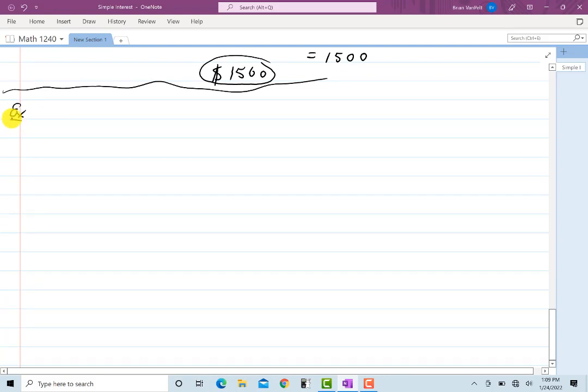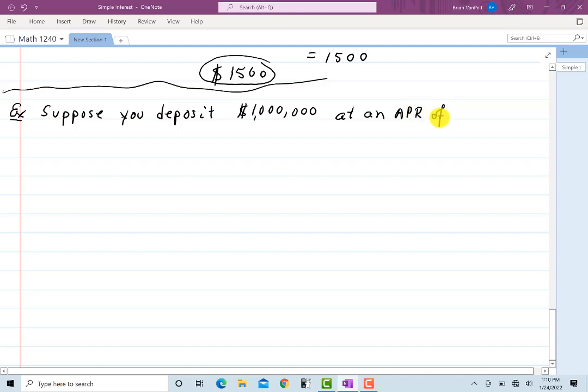Next, let's take a look at a more realistic annual percentage rate. Suppose you deposit $1 million at an APR of 0.1%.